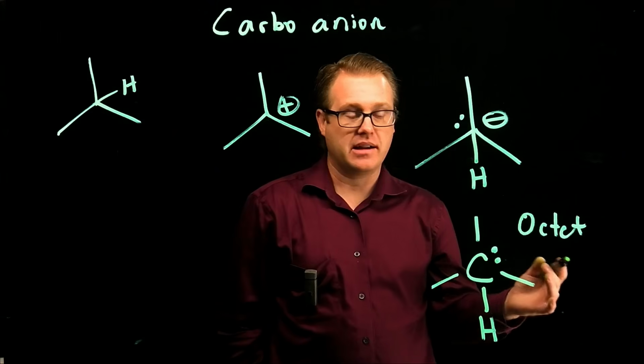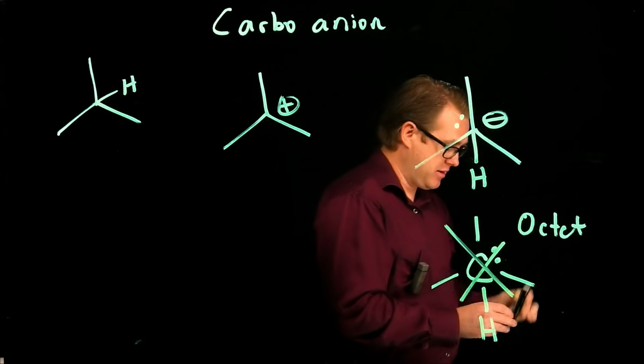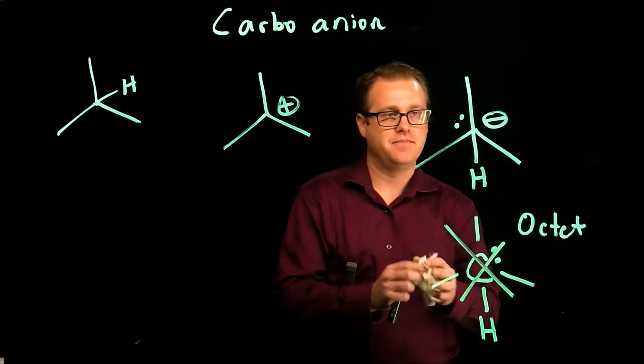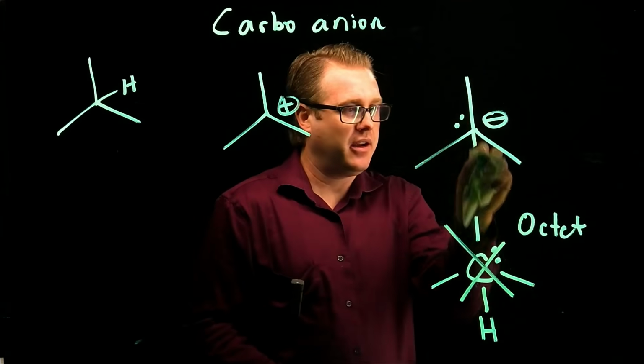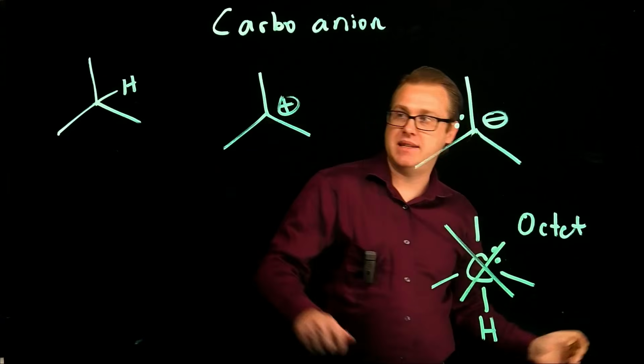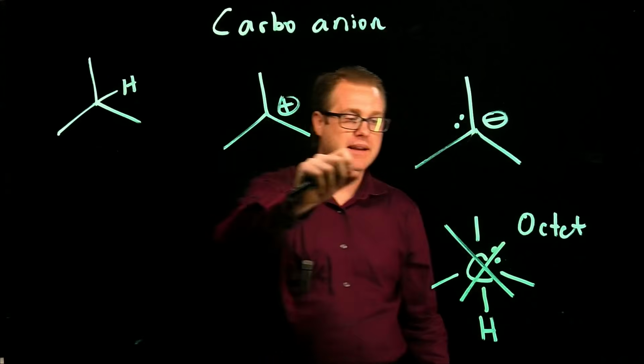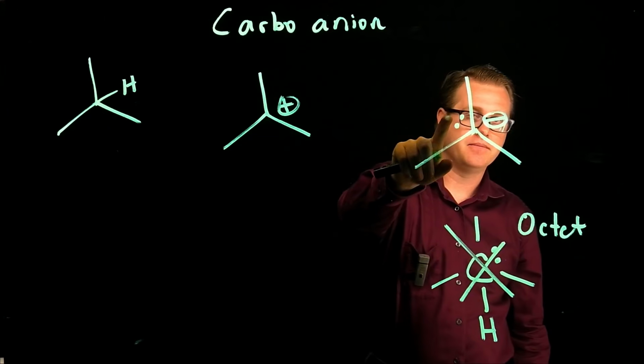That violates the octet rule. So that guy, it doesn't work. There's too many electrons. So what we have here is a carbanion. It is missing that hydrogen. But it does have a lone pair.